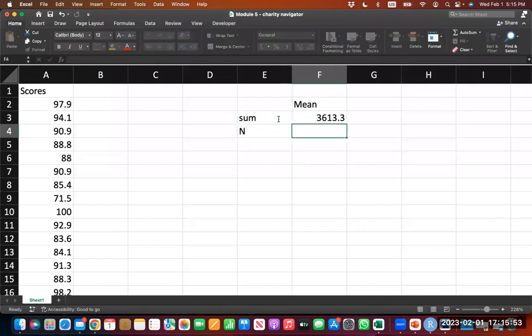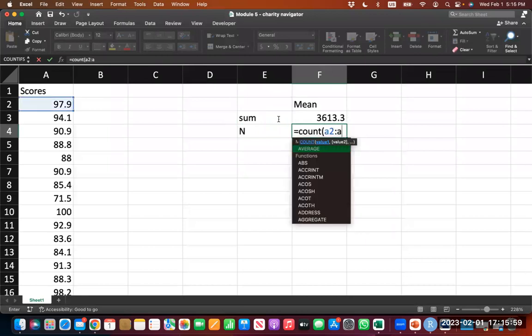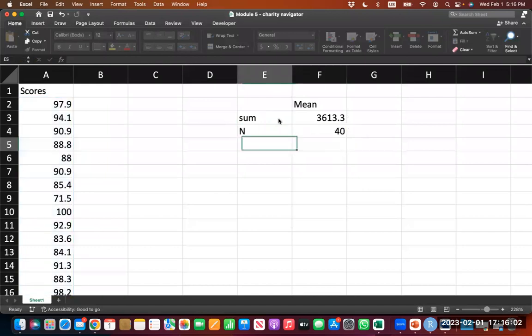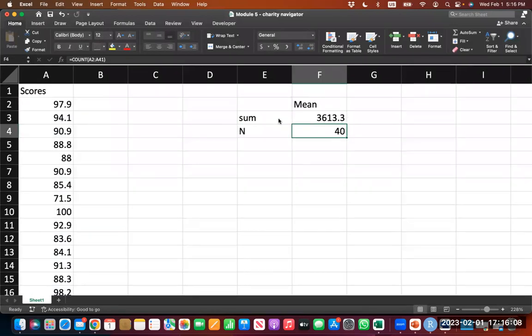And now the N is basically the count. It can be counted as A2 to A41, which is basically 40, as we have determined before. Obviously, you can also do this by just counting as I counted before. If you do it with the count function, it has one large advantage. Let's imagine you have a data set where you have empty cells.